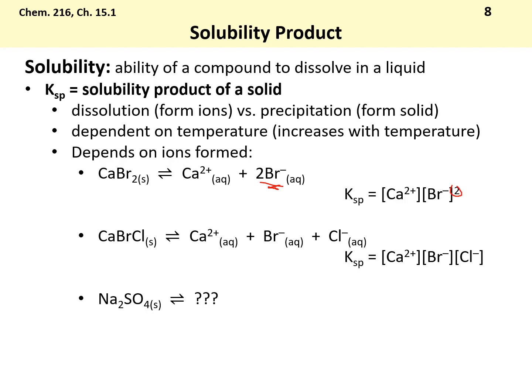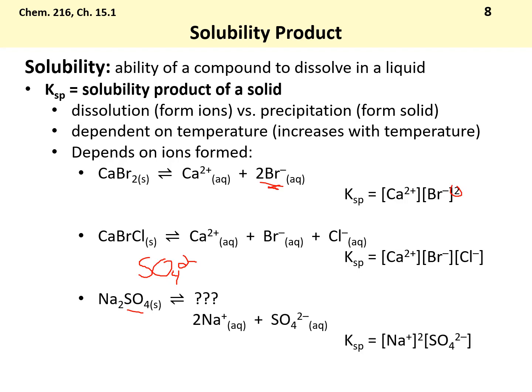Let's look at this bottom one. This is what we called sodium sulfate. Remember, sulfate was a polyatomic ion that we learned about in Chem 215. It has the formula of SO4 2-. So what's going to happen when sodium sulfate gets put into water? Well, it's going to dissolve, but that polyatomic ion stays together as SO4 2-.